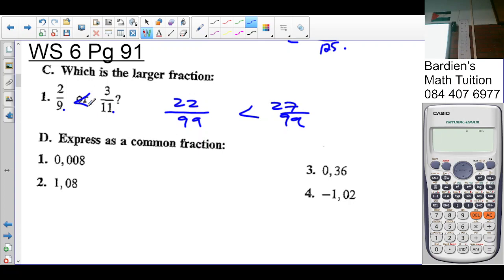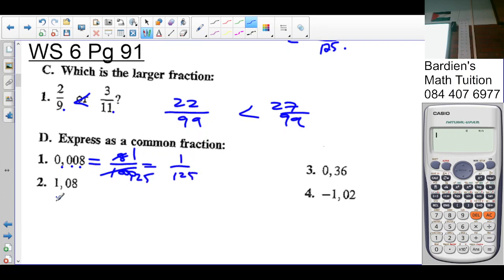Expressed as common fractions, there's going to be 8 over 1, 2, 3 zeros, so 1,000, which can simplify: 8 goes into 8 once, 8 goes into 1,000 125 times, so it's 1 over 125.